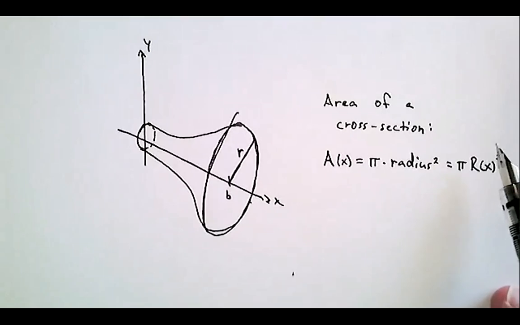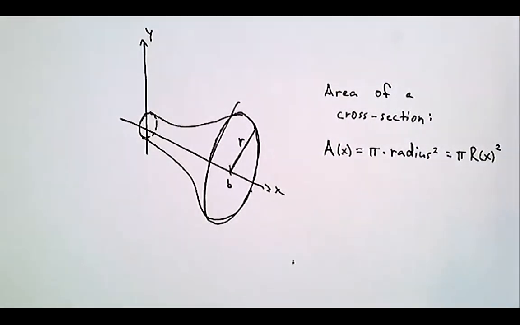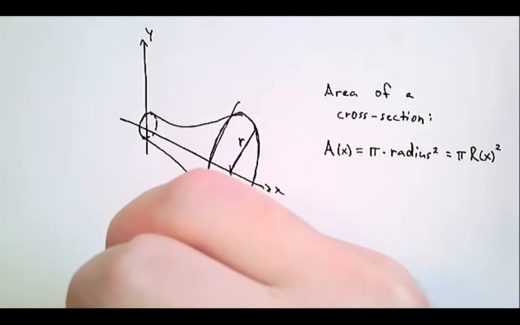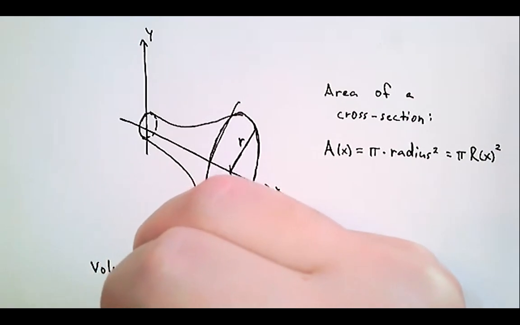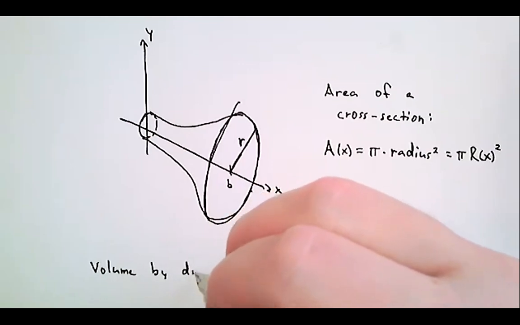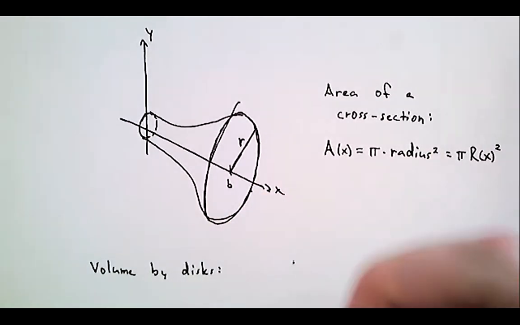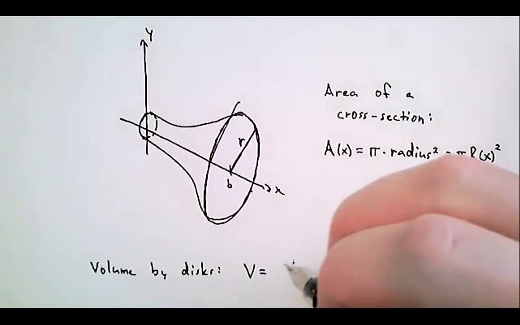So let's put this all together, and I can give you a formula for a volume by disks. It's going to be exactly like before.